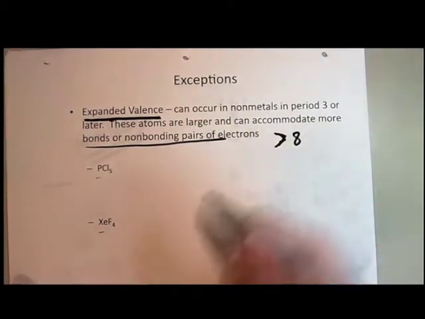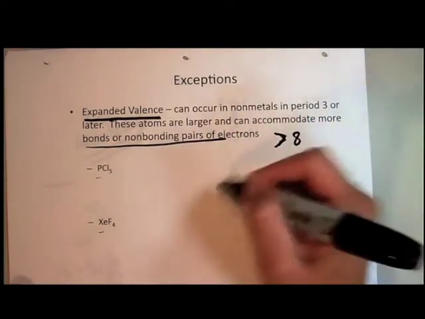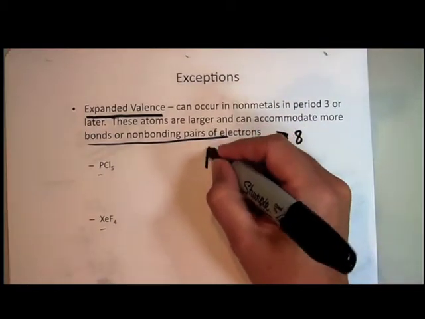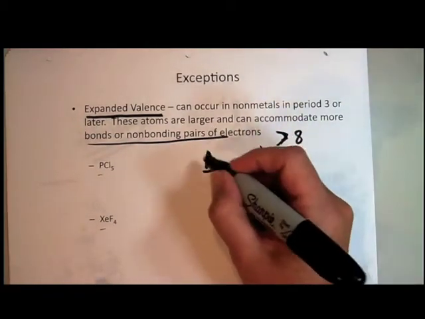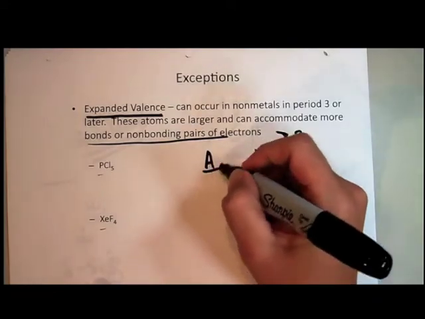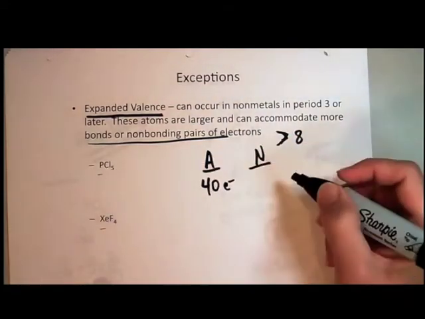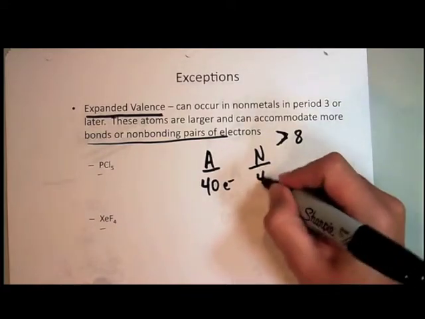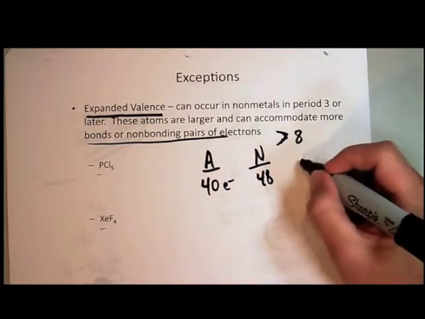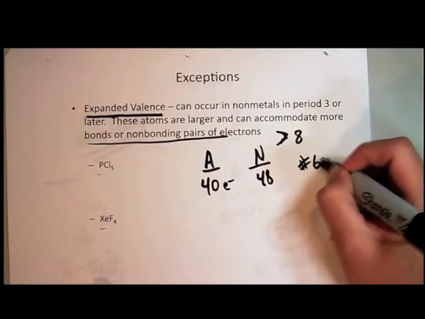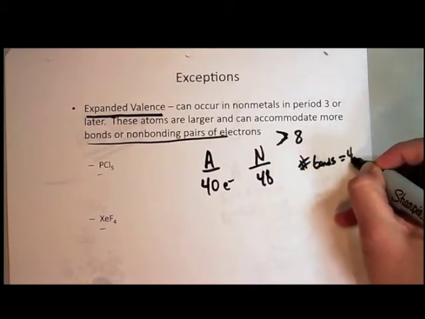I'm not going to go through all of the business because you know how to do it now, but if you do the A and the N, in this case, there are 40 available electrons, and the number of electrons you need to satisfy is 48. If you try to figure out the number of bonds, it's going to say that you only need 4 bonds.